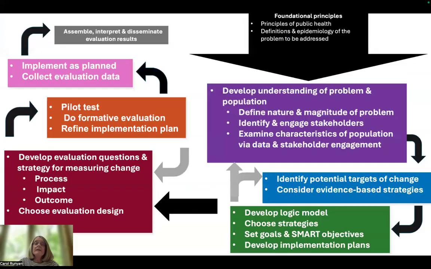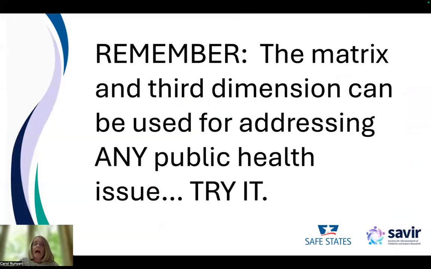So continuing through the planning cycle, as you see here, going back, we've just been down here in this element down here, as I said, and there are many other parts of the process that you'll learn in other places. But I want you to remember that the matrix and third dimension I presented here in the context of injury, but they can be used in addressing any public health issue. And I urge you to try it.